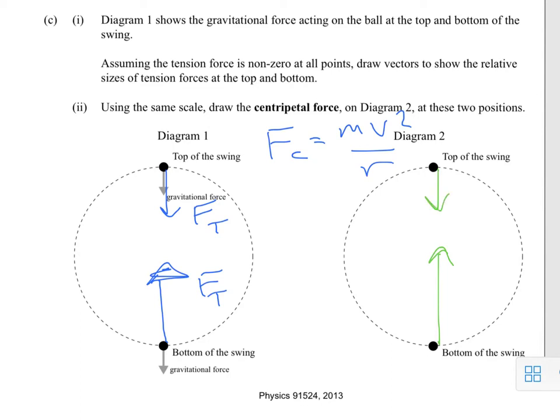I haven't done the same scale, it's very difficult to do in these videos, but let's try and match it up. Your tension force will be very small here, and then your tension force on this one would have to be higher than it is over here. So that has to be higher because you're taking away that force due to gravity as well to bring it down to that level.